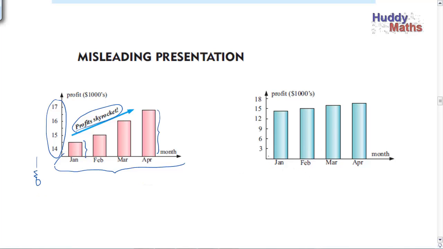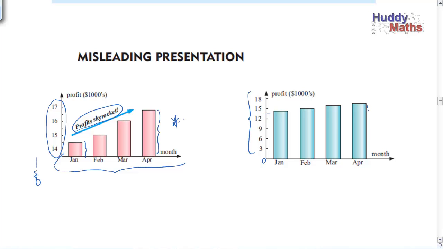Come over here, look at the scale here now. It goes as a proper scale starting at naught with no breaks. And now you see it isn't such a big difference relative to the base figure, because January had a base figure of about 14.5. And compared to that, the actual increase is not that great.